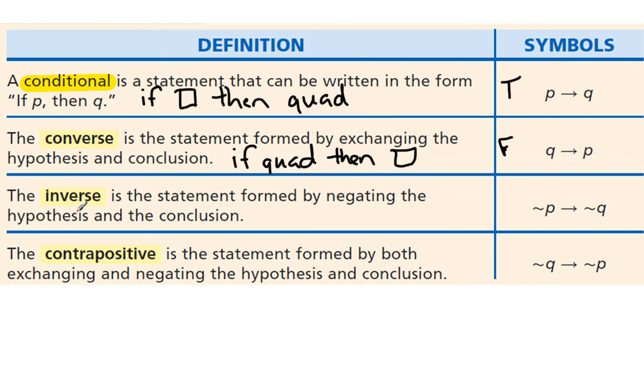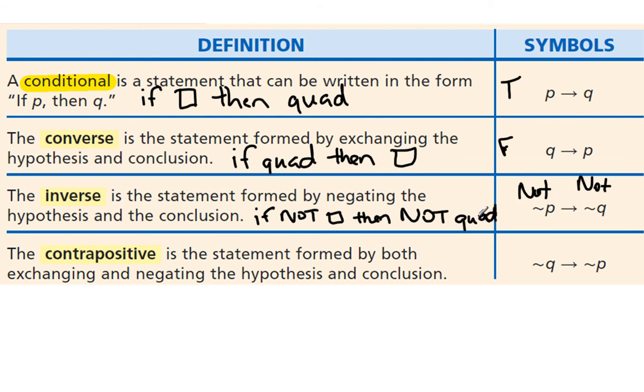Next one is the inverse. The inverse, which is like the negative, unhappy version of your conditional statement. That's saying, and this little symbol means not, if not P, then not Q. So this is saying if a shape is not a square, then our shape is not a quadrilateral.